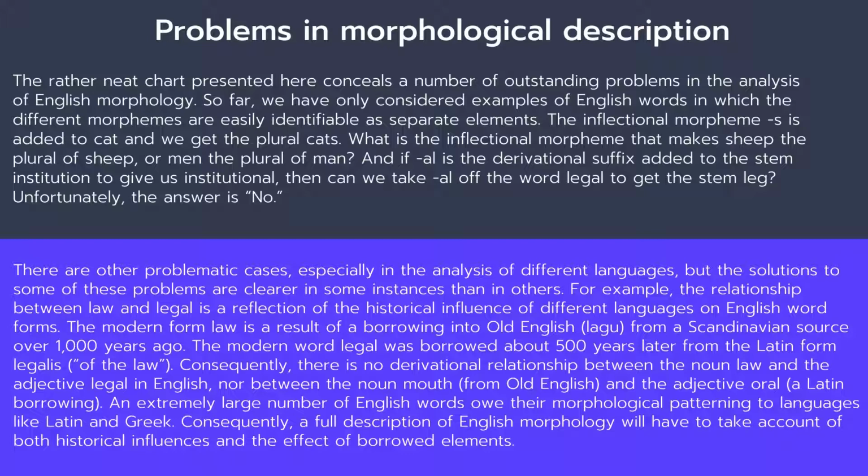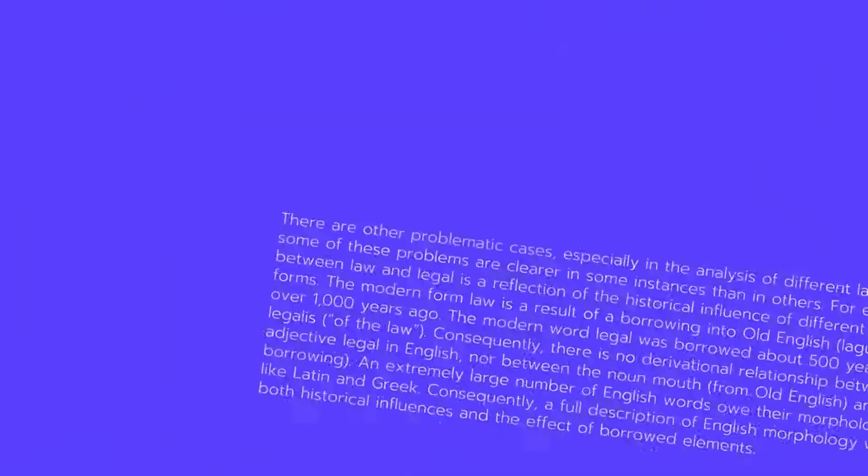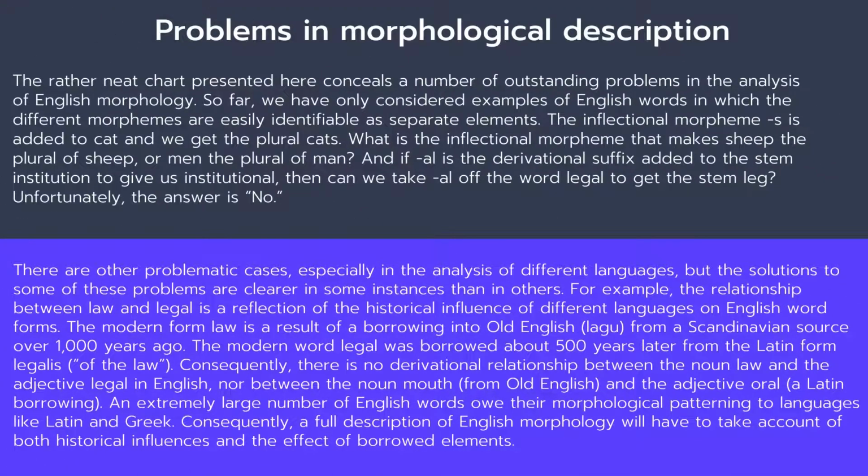The modern word legal was borrowed about 500 years later from the Latin form legalis, "of the law." Consequently, there is no derivational relationship between the noun law and the adjective legal in English, nor between the noun mouth, from Old English, and the adjective oral, a Latin borrowing.